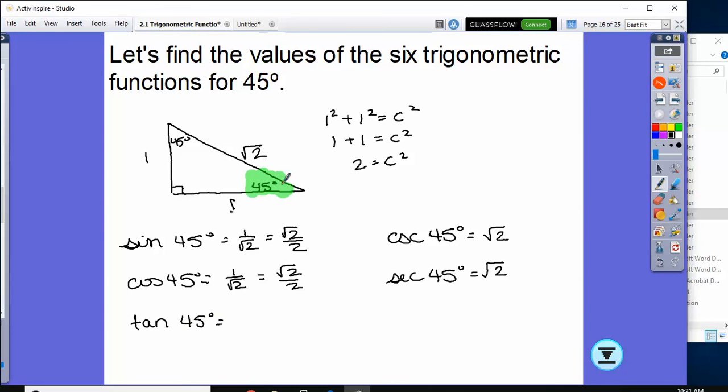Tangent, TOA, opposite over adjacent, 1 over 1 is just 1, so cotangent of 45 is 1. So tomorrow I'm going to start with a lot of tricks for how to learn these values and make it a lot easier. Are there any questions on how I came up with those?